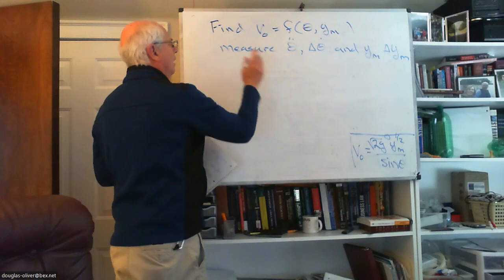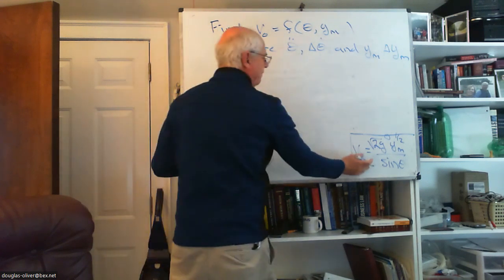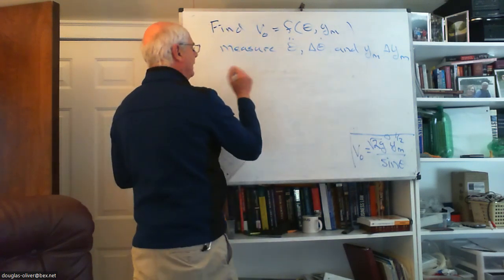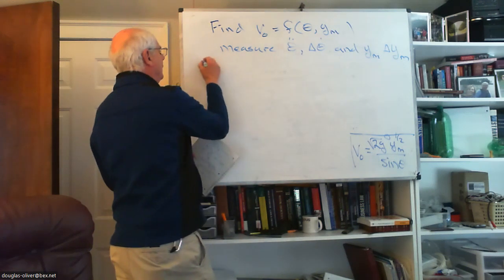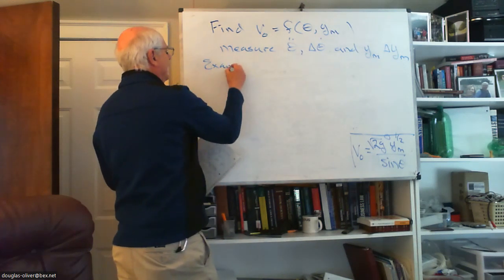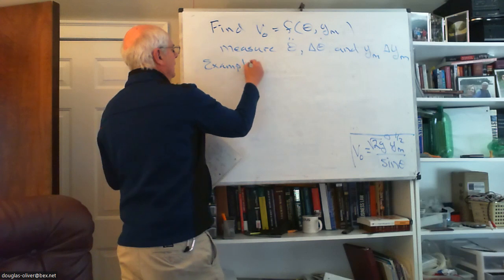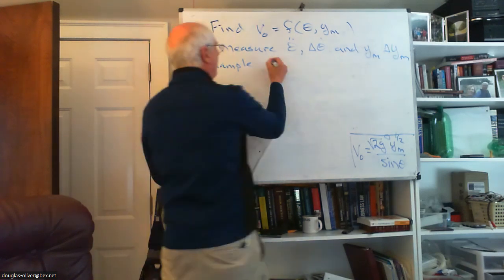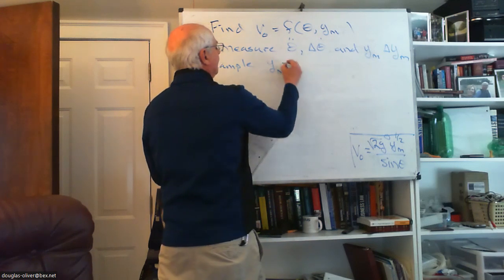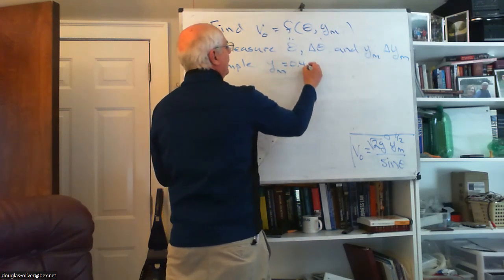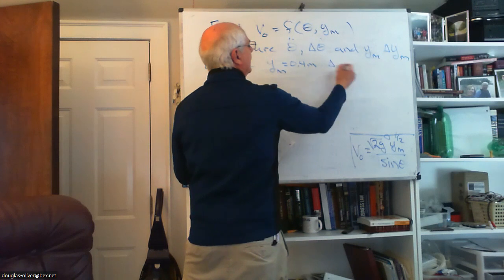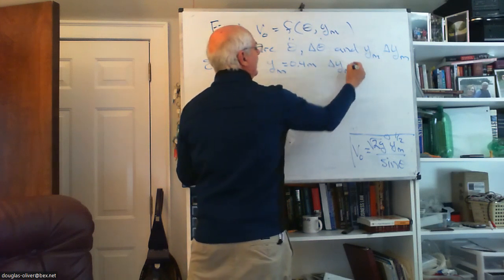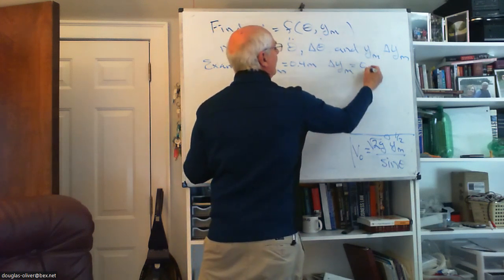So here's this functional relationship, and let's take an example. In this case, I had y max equals 0.4 meters, and let's say we have an uncertainty in that of 2 centimeters.